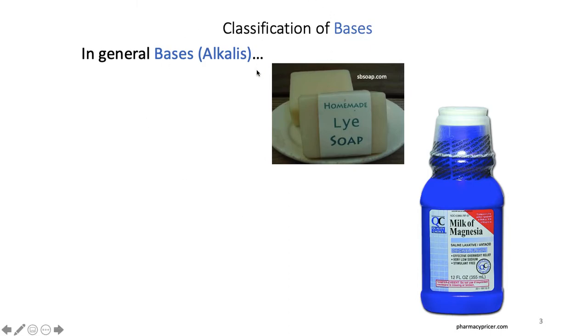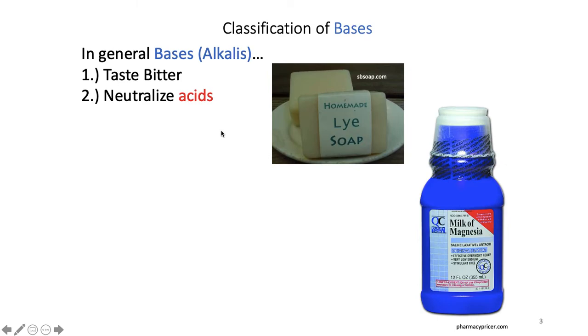Now let's talk about bases. Let's classify the bases. In general, obviously they're going to be the opposite of the acids. Acids taste sour, whereas bases taste bitter. They neutralize acids, so they react with acids to neutralize them. Once again, I talked about the reaction between vinegar and baking soda.